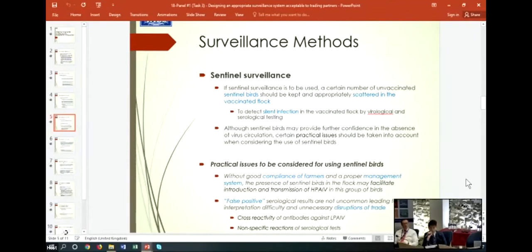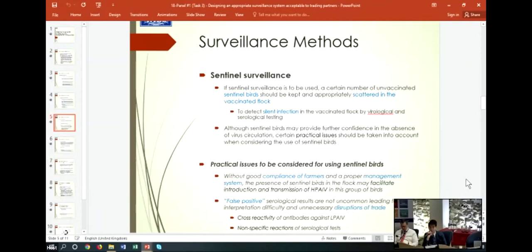However, none of them has been confirmed as HPAI virus positive over the years. Instead, the antibody responses detected were likely due to cross-reactivity with antibodies against other LPAI viruses, as well as some non-specific serological reactions, which are known to occur in HI tests. As a result, these cases caused unnecessary disruption to the local poultry trade.